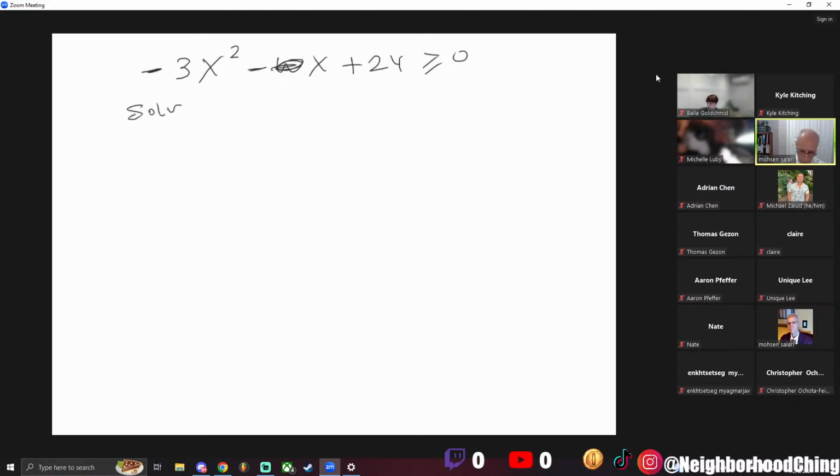In other words, what do we mean by solve for that? Because it's not going to be a point. It's going to be a range of x's that would make this statement true.